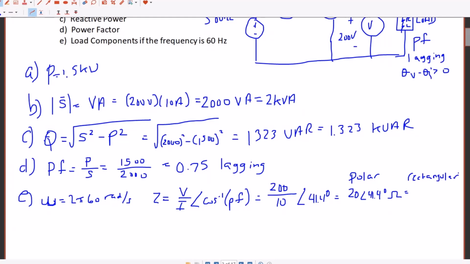What is the impedance in rectangular form? 15 plus j13.2 ohms, very good. 15 plus j13.2 ohms.